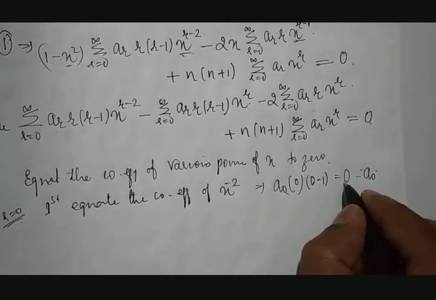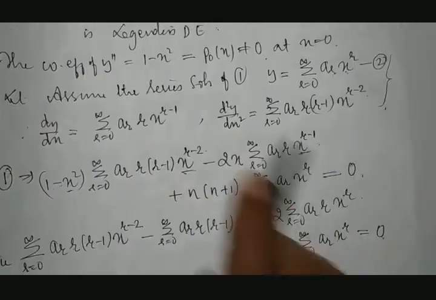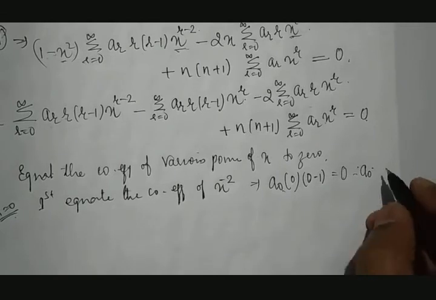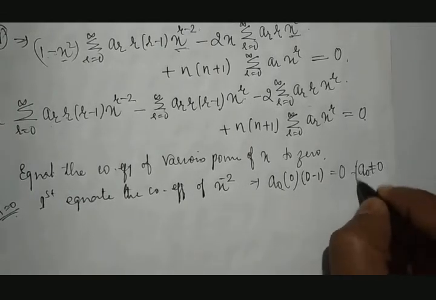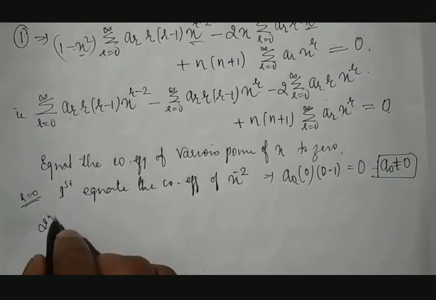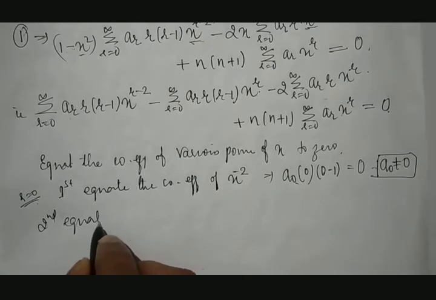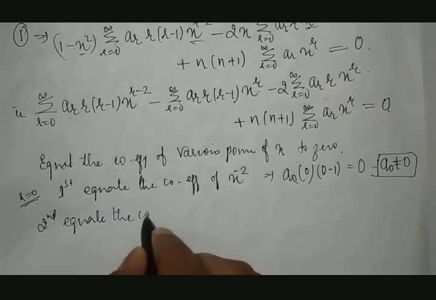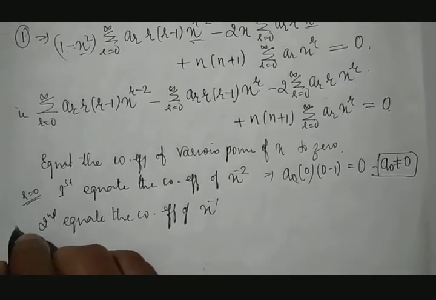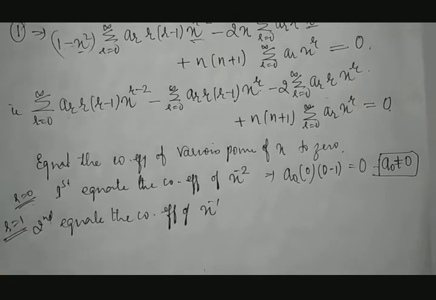But a_0 cannot be 0, so a_0 is non-zero. One result we got. Similarly, second, let us equate the coefficient of x^(-1) by putting r equal to 1.